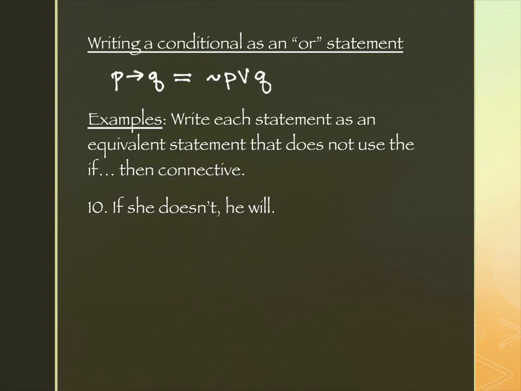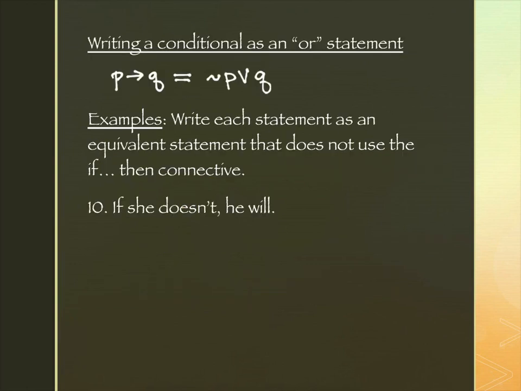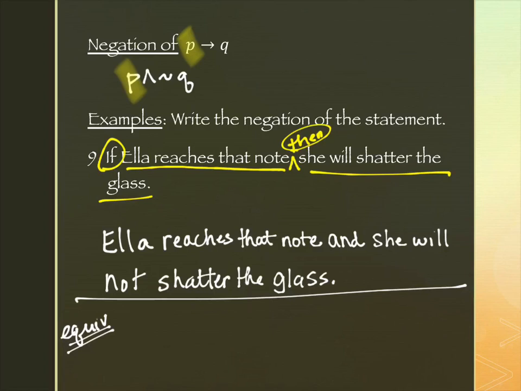Okay? So for example, let's go back and take the Ella one for a quick example before we do the one that's written here. If I wanted an equivalent statement, not the negation, I would take the first part, Ella reaches that note, and what would I do with it? I would negate it and make it a not statement. So it would say Ella does not reach that note.